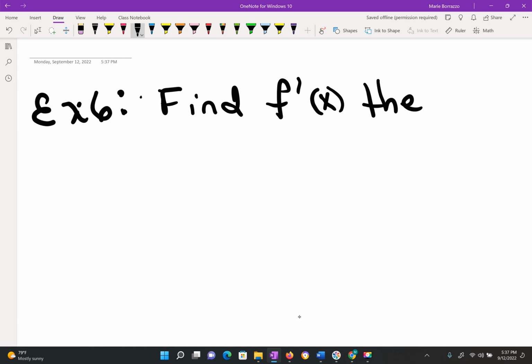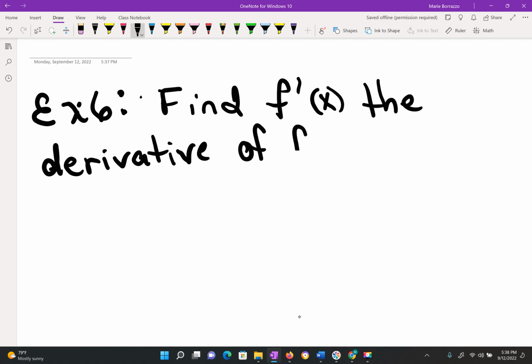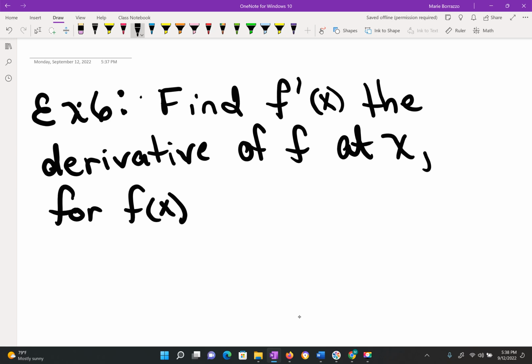The derivative of f at x for f of x equal to 1 over x.